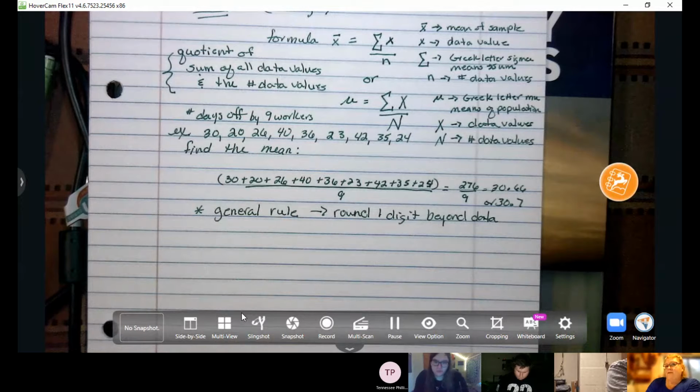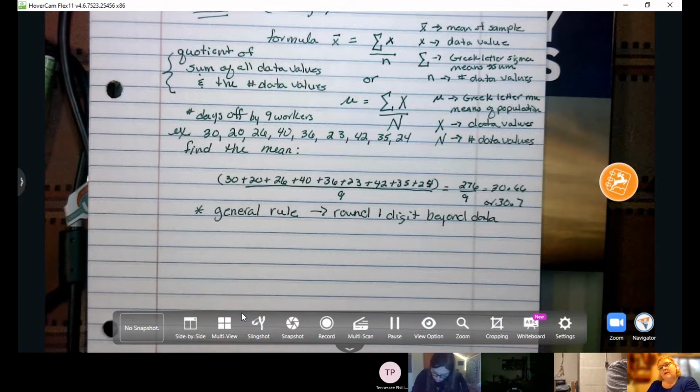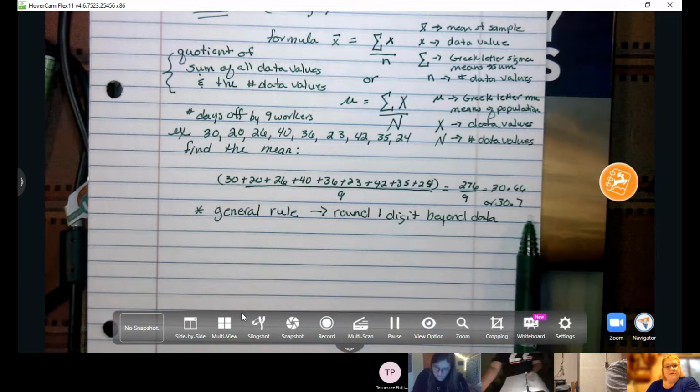If it had come out to be a whole number, obviously you can't round it beyond that, so it would be what it is. But in general, that is the rule, to go 1 digit beyond what the data is. If our data had been to the 10th place, we would have rounded to the 100th place.